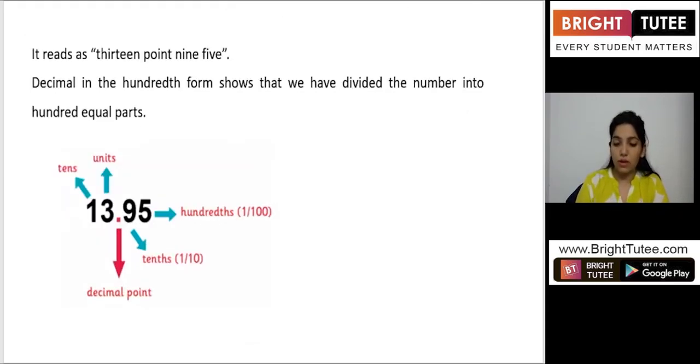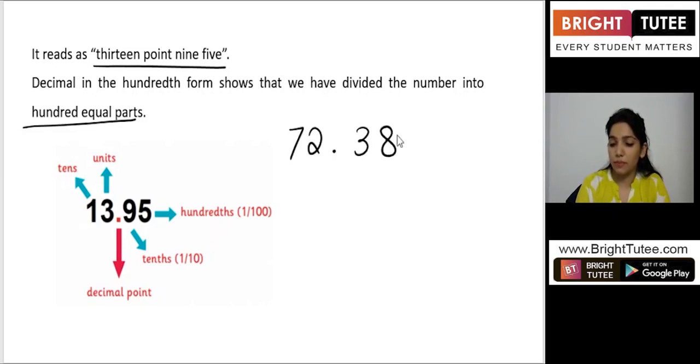Okay. Now here, how are we supposed to read it? It says 13.95. A decimal in hundredths form shows that we have divided the number into 100 equal parts, and we are talking about what part is represented by the number itself. Okay, so now let's say I have a number 72.38.